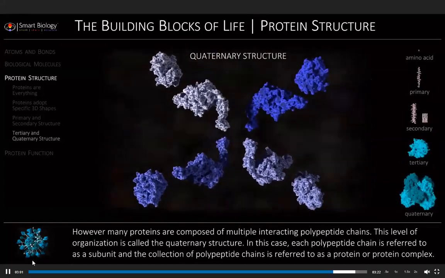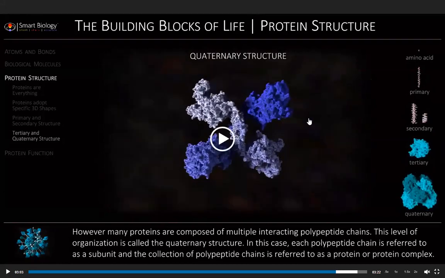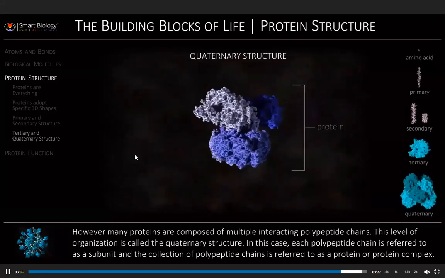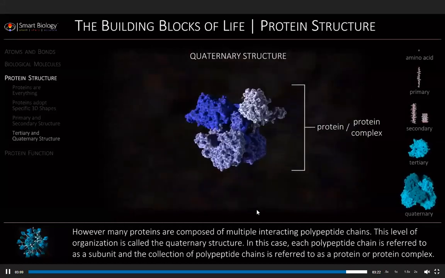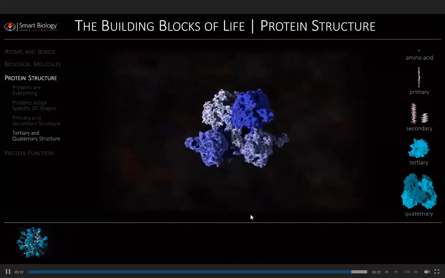Remember the difference between subunit and domain. Subunits are different parts of the protein, but they may not have a specific functional domain in them. A domain usually is associated with function. A subunit may or may not be associated with a function. So here we have a protein complex.